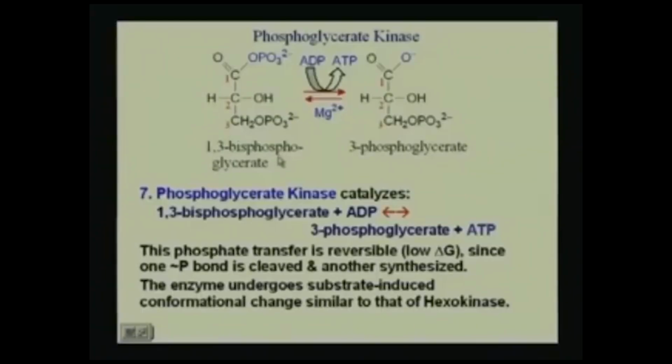One of the phosphates from 1,3-bisphosphoglycerate, the first one, is lost to ADP, which produces ATP. In the event it forms 3-phosphoglycerate. So we now have an acid here, not an aldehyde, at carbon number 1.